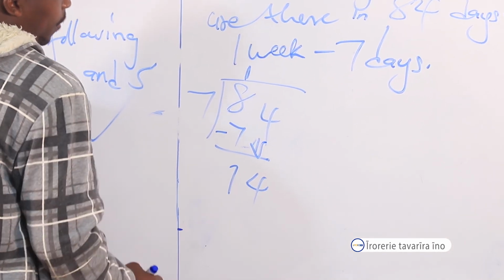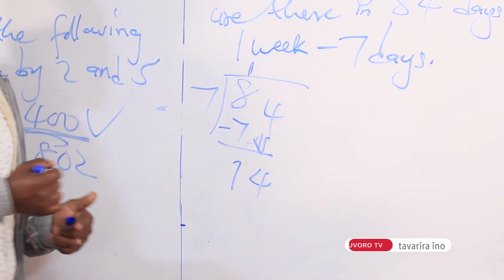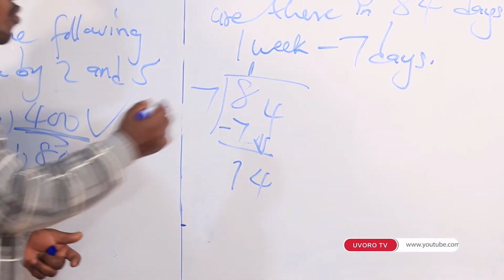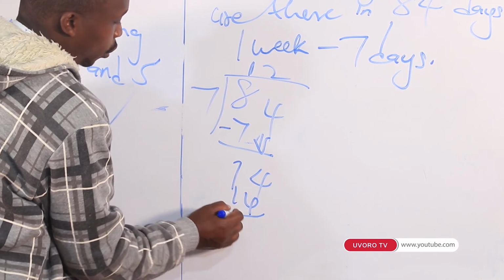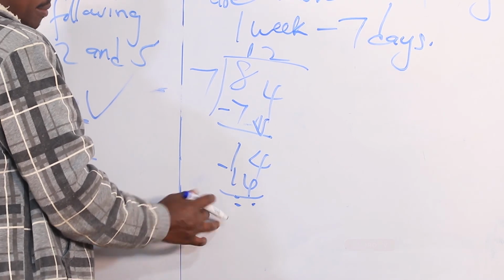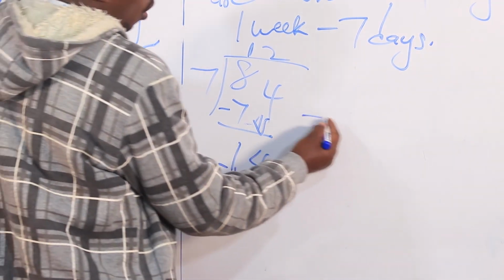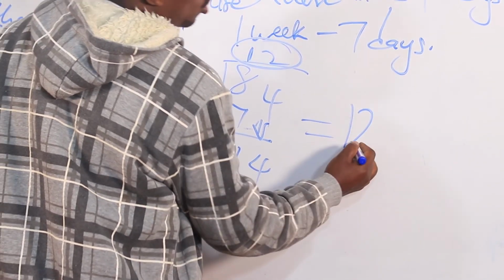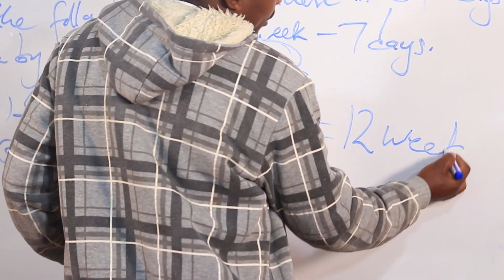You drop the 4. 7 times what equals 14? 2. Because of 14, you subtract. 4 minus 4 is 0. 1 minus 1 is nothing. So our answer is 12 weeks.